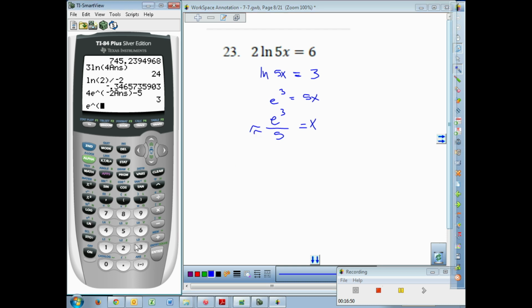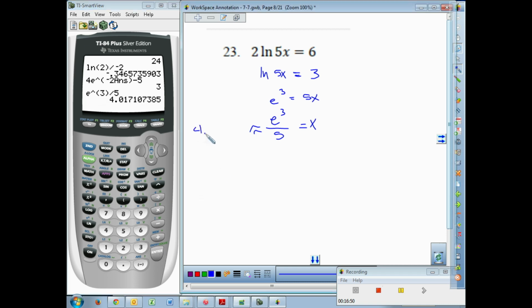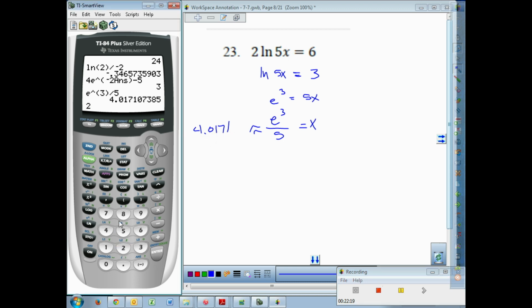Punch her in. We're cool with about 4.0171-ish. Let's check it. 2 natural logs of 5 times that previous answer. Close that up. I hope I get 6 back. Yay, I got 6 back. Rock and roll.